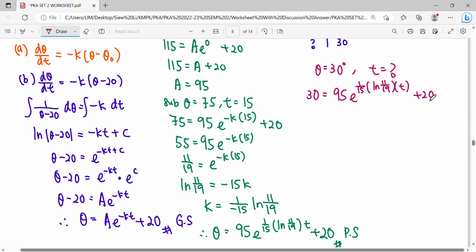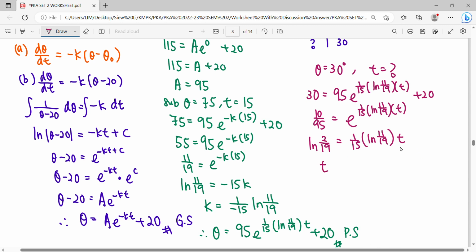Again, we simplify one by one. Move the 20 over, so we get 10. Then divide by the 95 coefficient. Then we move the ln together, and simplify 10 over 95 to 2 over 19. Finally, to get t, we divide by the coefficient.